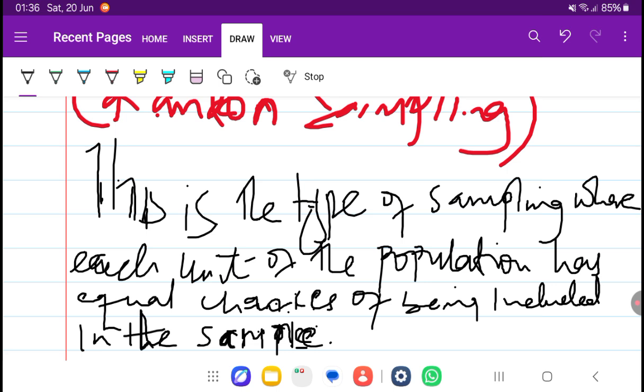So probability sampling is the type of sampling where each unit of the population has equal chances of being included in the sample.